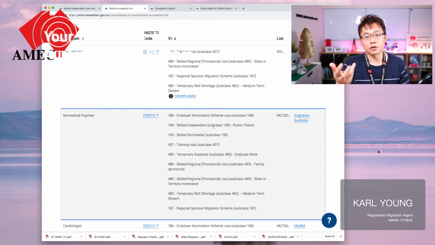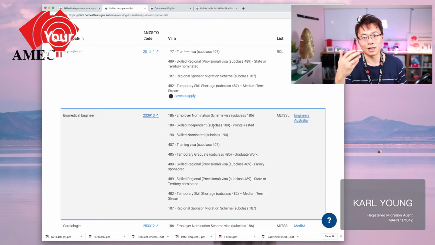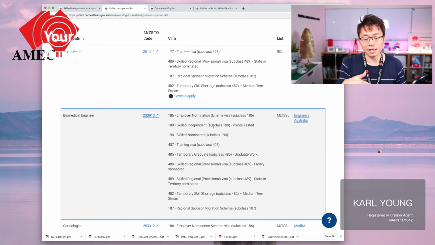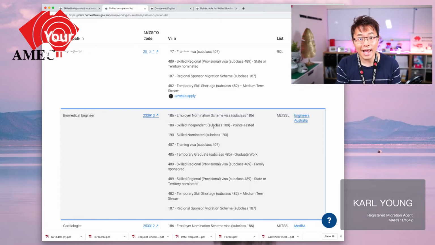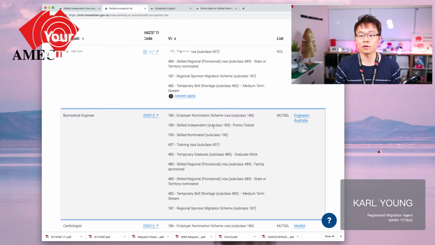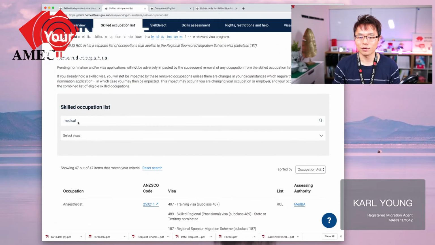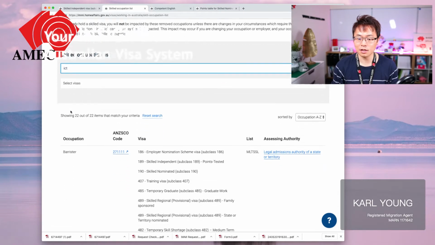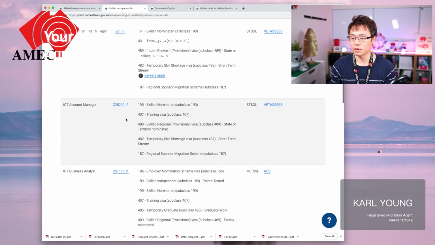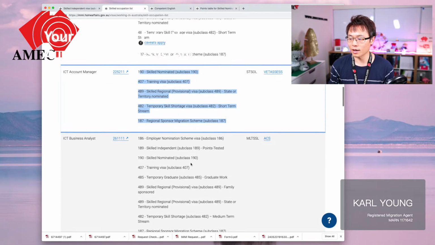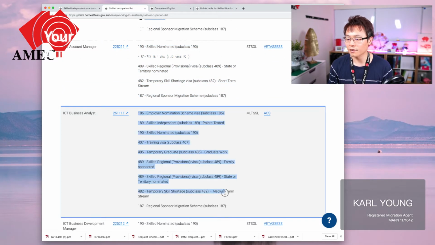Also for students who want to come to Australia to study, this is a good web page to find out what sort of things you might want to study. For example, if I type in ICT, here we go. Down here you will see which one possibly has a better pathway.